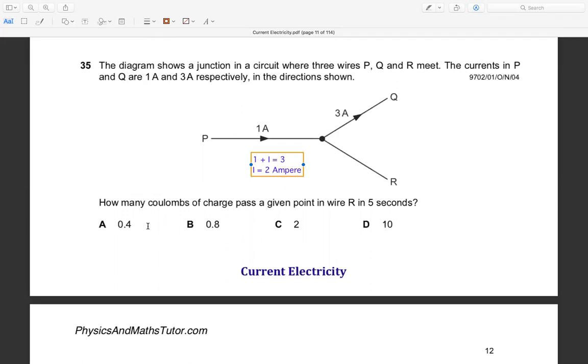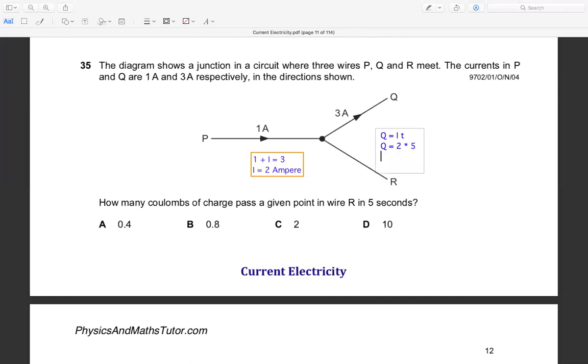Then to find how many coulombs of charge, we find Q. Q equals I times T. So Q equals I, which is 2 amperes, times T, which is 5 seconds.